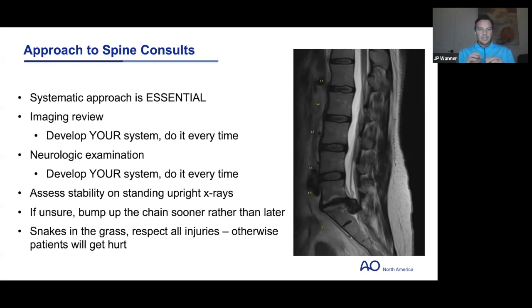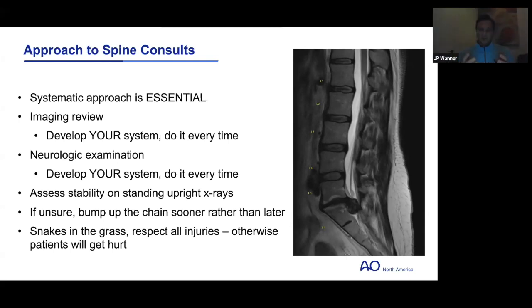If every single time you see a patient, especially a spine patient, you do the exact same workflow, whether it comes to imaging or your neurologic exam, you won't miss stuff. You'll pick up on a lot of stuff that people don't see or didn't notice.